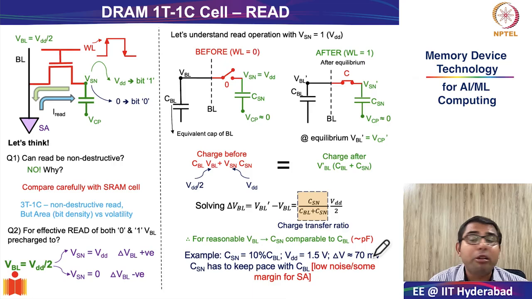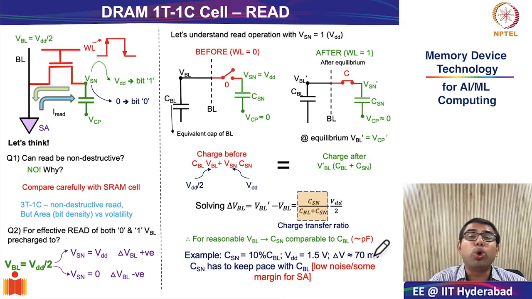Remember your textbook formula for capacitance: C equals epsilon naught epsilon r A by D, where A is the area of the capacitor and D is the distance between the parallel plates. As we make devices smaller and smaller, we are also doing area scaling, and the moment you do that, maintaining a large enough capacitance on the storage node becomes very, very difficult.